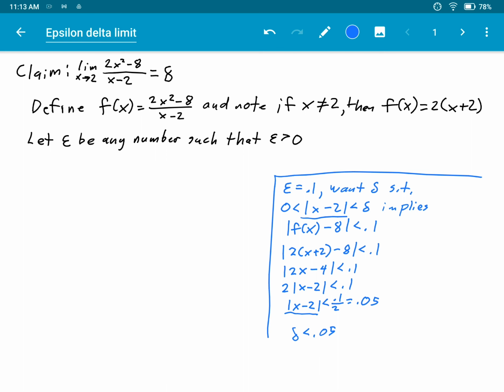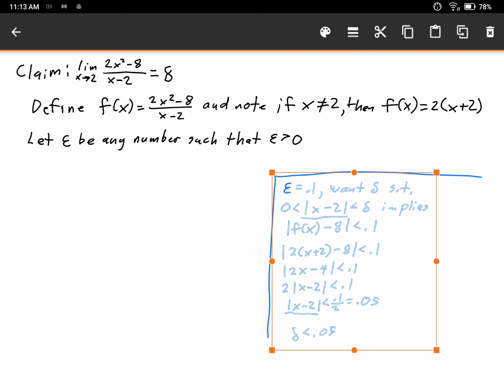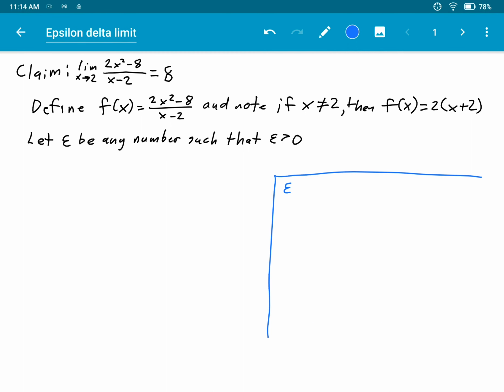So that's kind of the idea of how we build this, but there's nothing that says that we have to put in a number. So let's redo this. This time, just using my epsilon. So we're using epsilon, and I'm saying 0 is less than the absolute value of x minus 2, which is less than delta, implies that the absolute value of f of x minus 8 is less than epsilon.